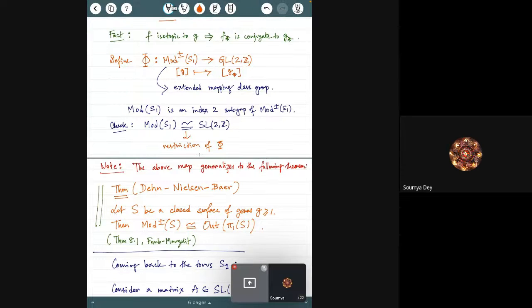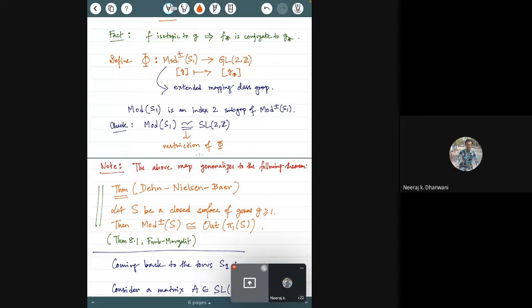So the mapping class group is a very, yeah, Neeraj. Sorry to interrupt. I am not getting this map. Maybe I am missing something. But this map is from mapping class group to GL2Z. So if you take two isotopic classes, they will go to conjugate elements. So how is it a well defined map?